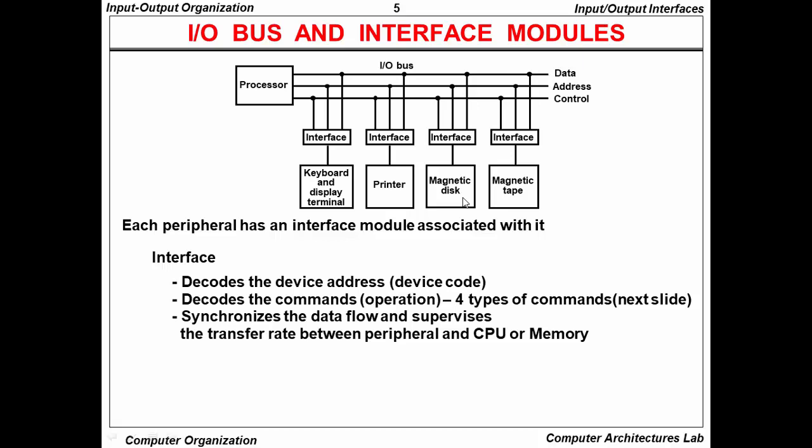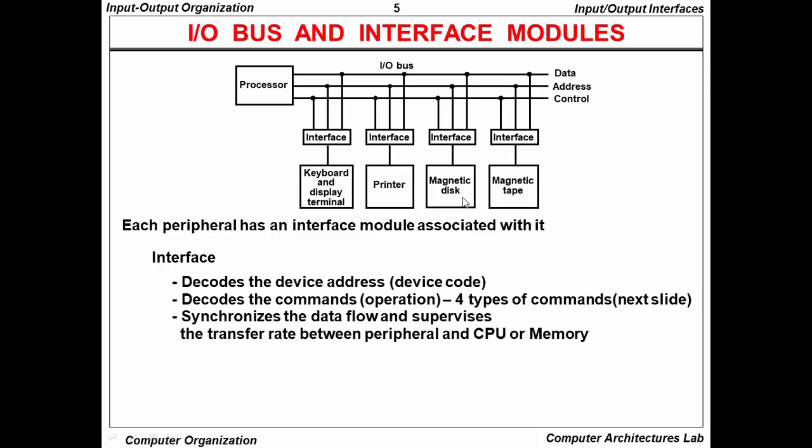Let's say the processor wants to communicate with the printer. As we discussed, the data transfer rate of the processor is much faster than the data transfer rate of the printer, right?